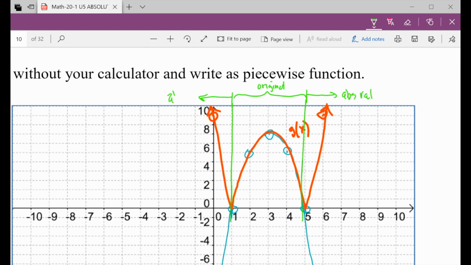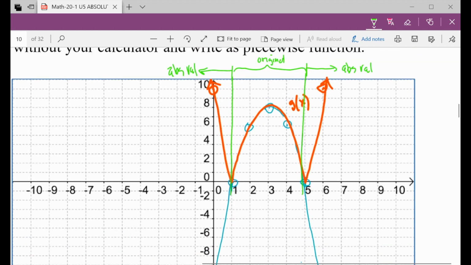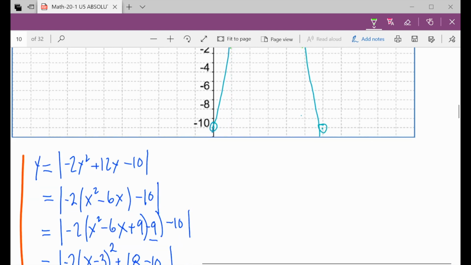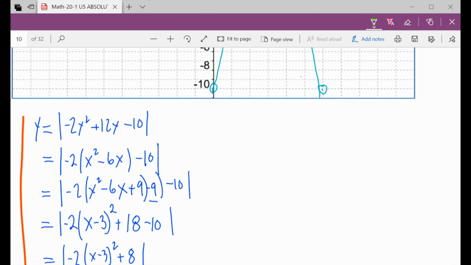Okay, and so how do we state that? Well, it's easy to figure out the middle one because it's unchanged from the original function. So let's do the piecewise function here.